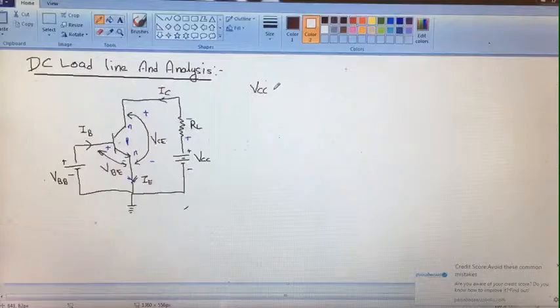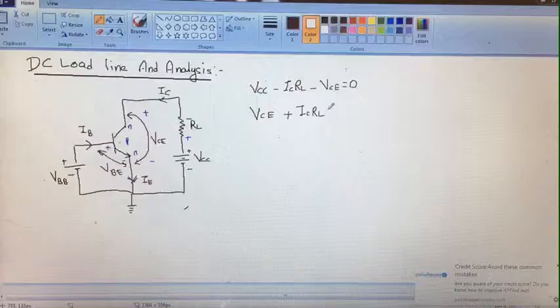So it is minus ICRL, and again we get the positive and negative terminal of VCE, then it is minus VCE equal to 0. Then VCE plus ICRL is equal to VCC.